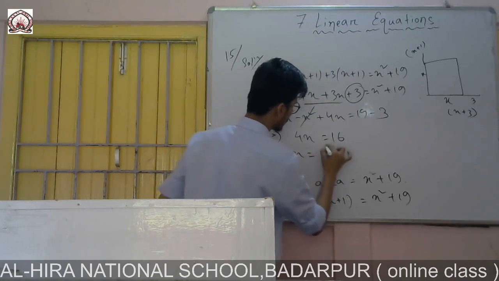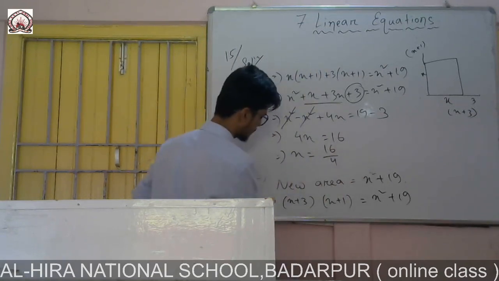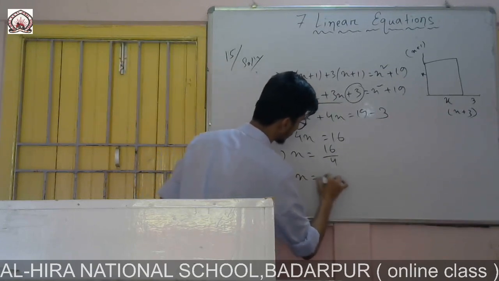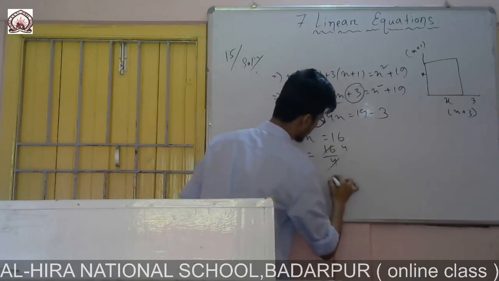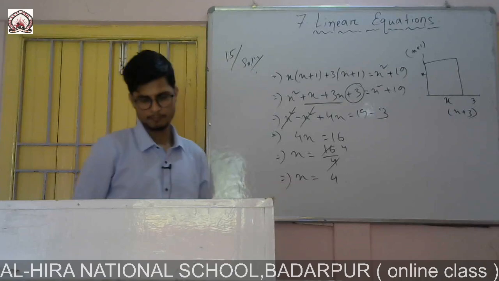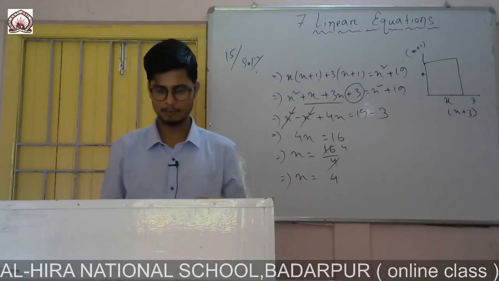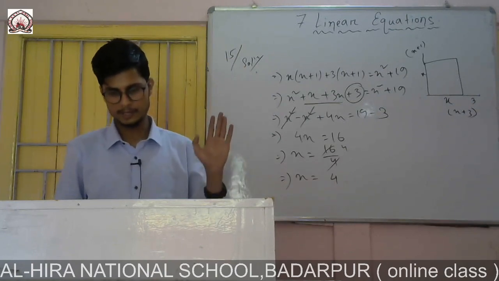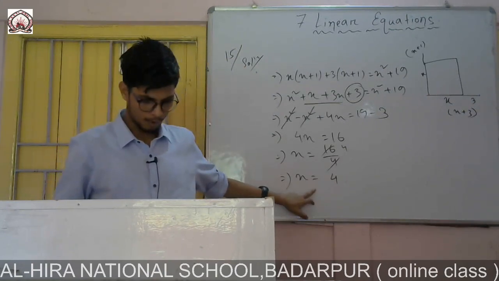This implies x equals 16 by 4, which is x equals 4, since 4 fours are 16. That means the value of x is 4, so the side of the square garden is 4 meter.